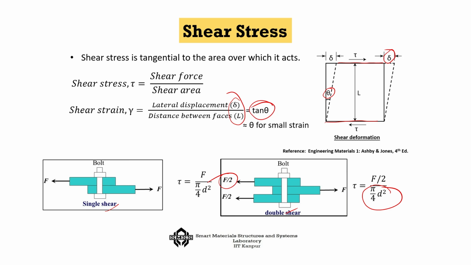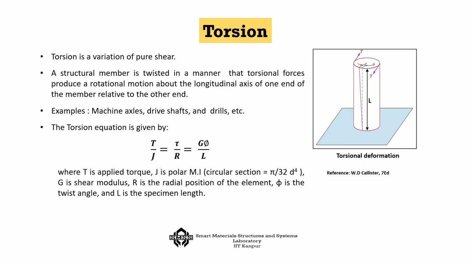So, the shear stress to shear strain relationship and the axial stress to axial strain relationship are both important for us. The other important thing that generates shear is torsion. In the case of a shaft like this, the torsional equation defines the relationship between the torsion that you apply and the shear stress that gets generated.